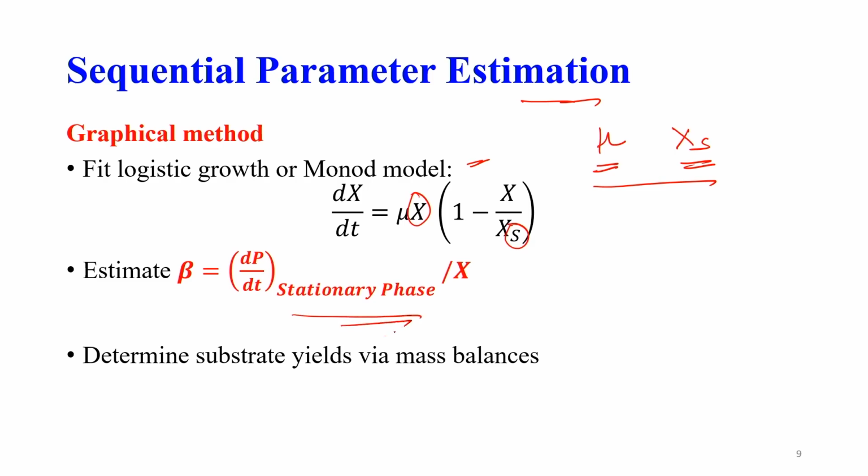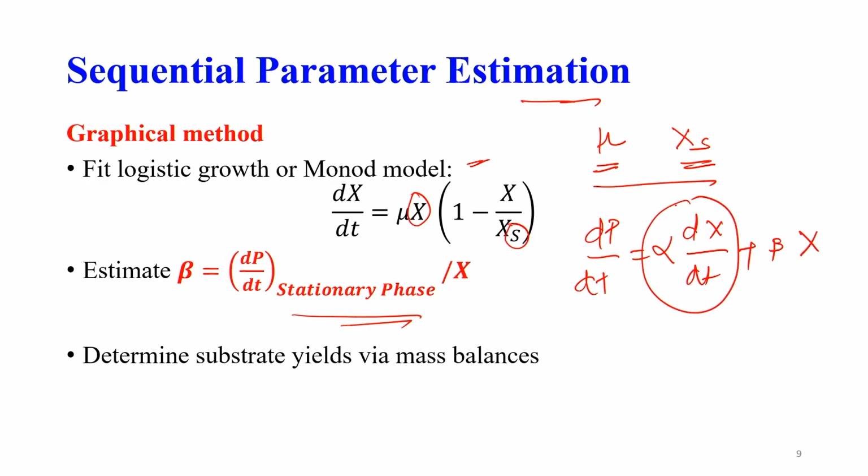Then, during the stationary phase, dP upon dt equals alpha dx upon dt plus beta into x. If you only consider the stationary phase, the first term can be neglected, so we can find the parameter beta as dP upon dt divided by x.